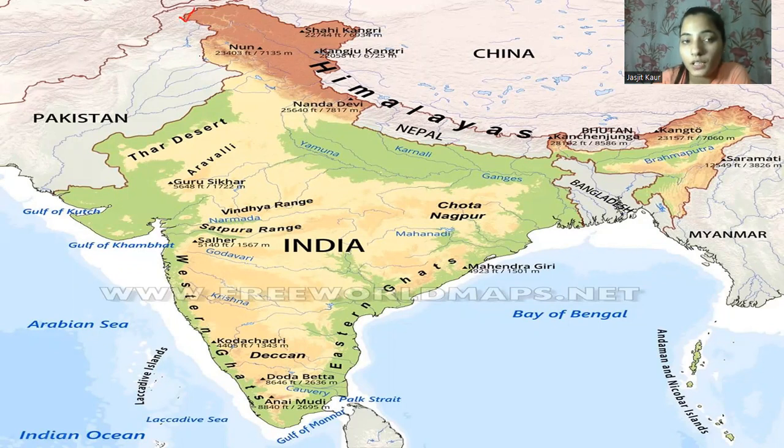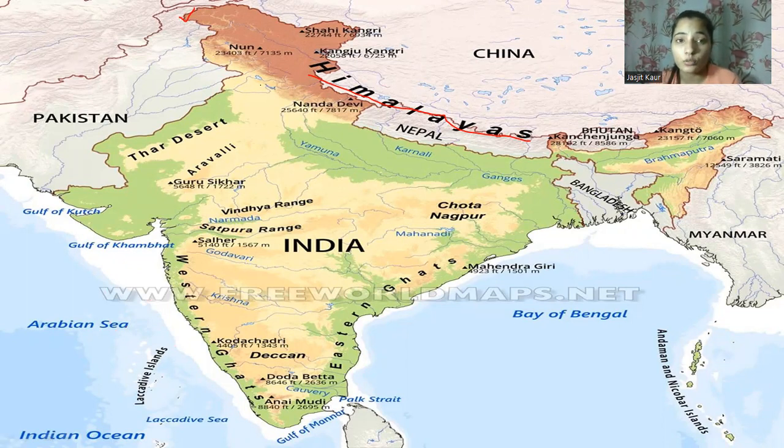First tell me which physical feature is located in the northern direction. Yes, in the northern direction we have the Himalayas located here. After this, tell me in the southwestern direction, which ocean, sea and island is located? Name that sea and island in the comment section.